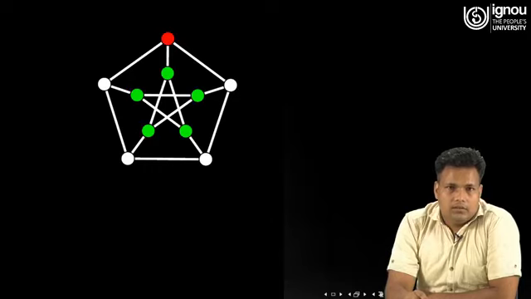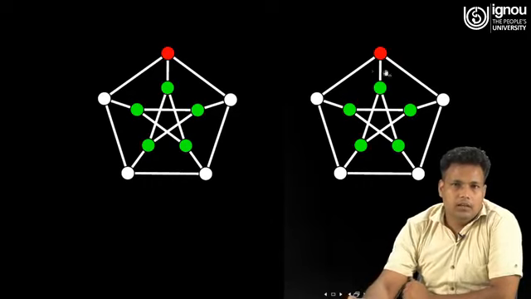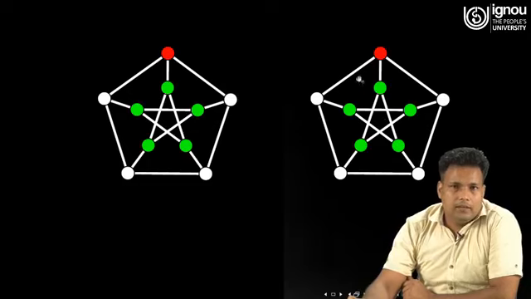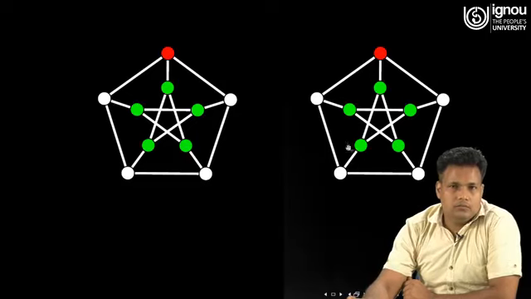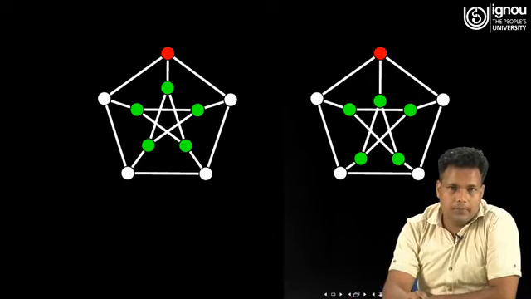So let us copy this on the right, and now we shall move the vertices here to get another graph which is an isomorphic copy of this graph without changing the adjacency relations. So just follow these movements.